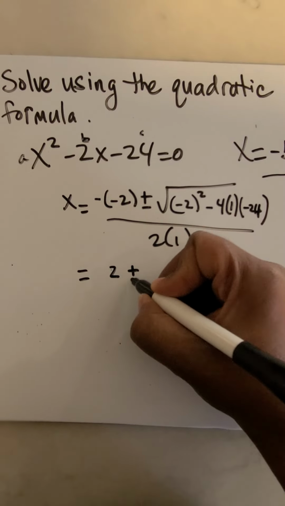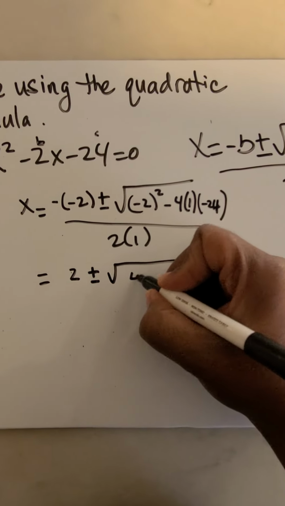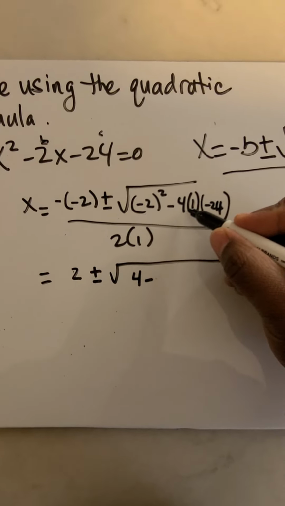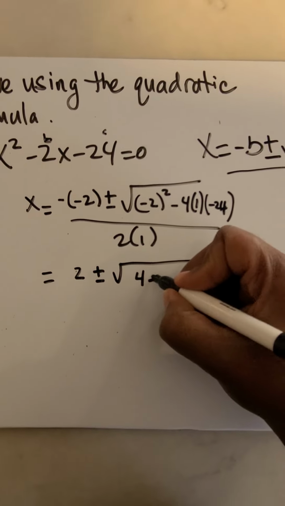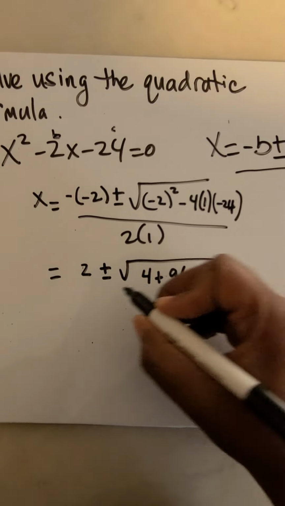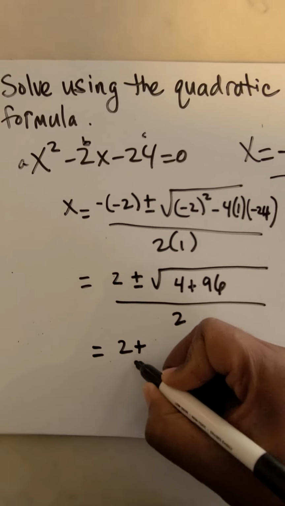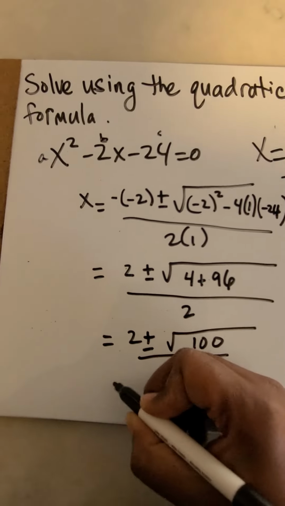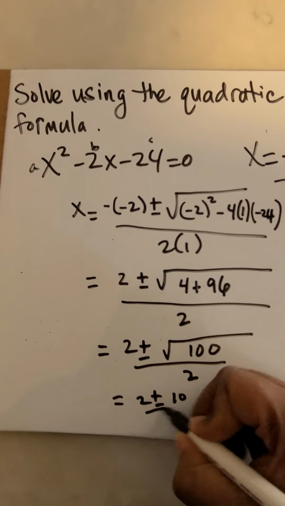So we have 2 plus or minus square root of negative 2 times negative 2, which is 4, minus we have negative 4 times a negative 24, which gives us a positive 96 over 2, which gives us 2 plus or minus square root of 100 over 2, which is 2 plus or minus square root of 100, which is 10 over 2.